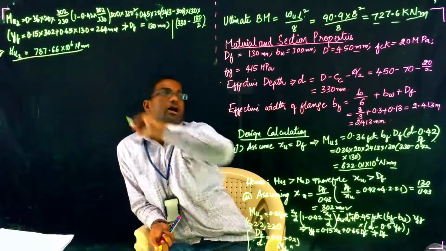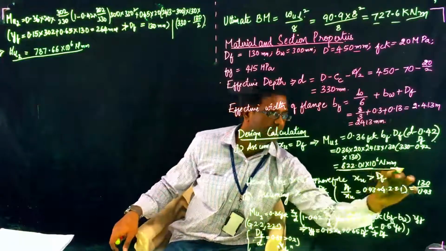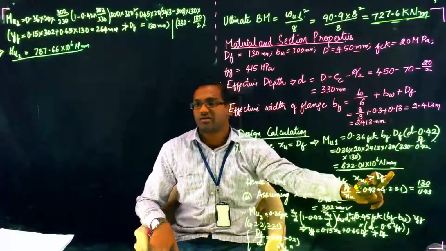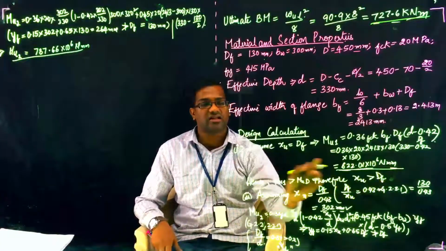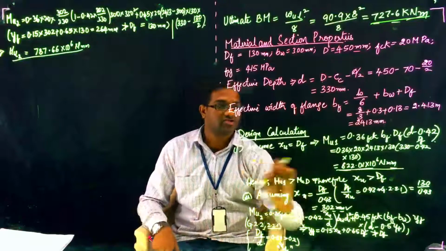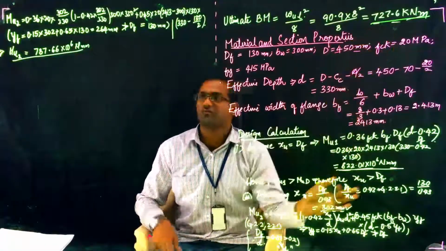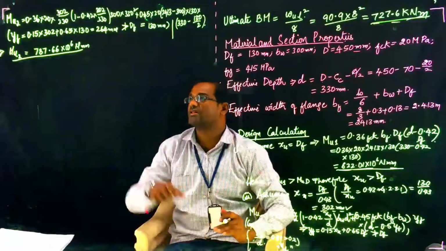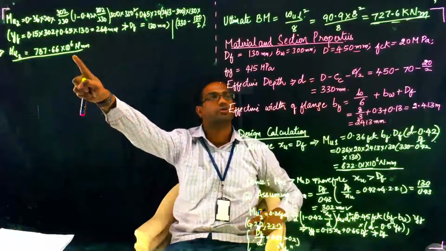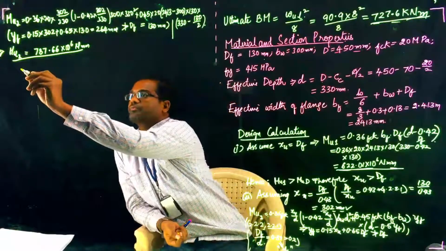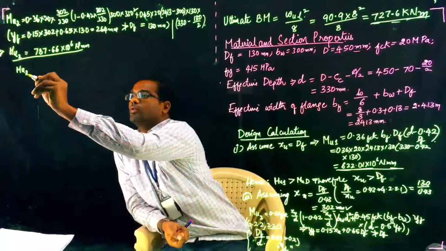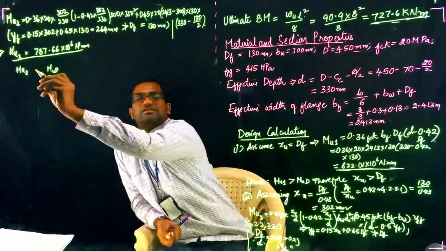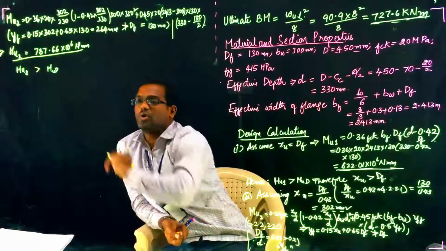Now you have got another MU value. This is your design moment when you assume that the section is rectangular and within the DF, so that is why this is more. We came to the conclusion that the neutral axis is shifted to the web rather than the flange. Now we have got the MU2 value. When you compare MU2 with MU1, it says that MU2 is more.